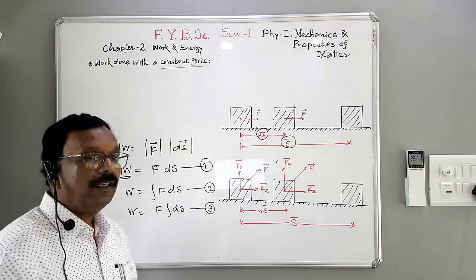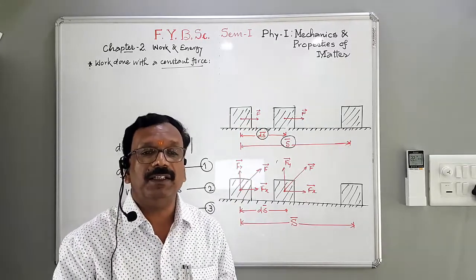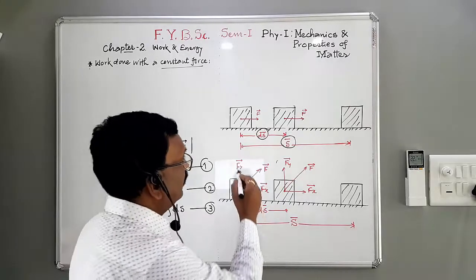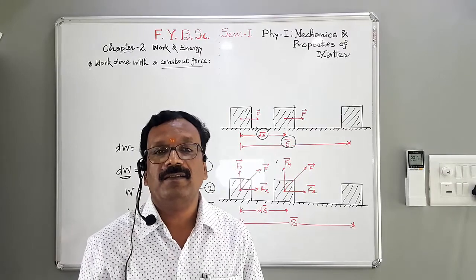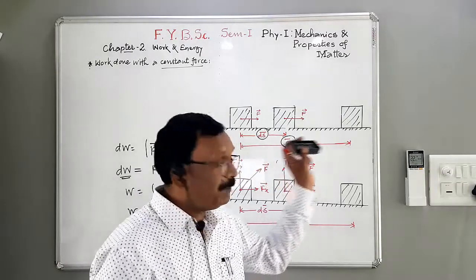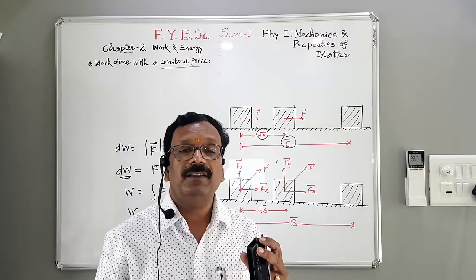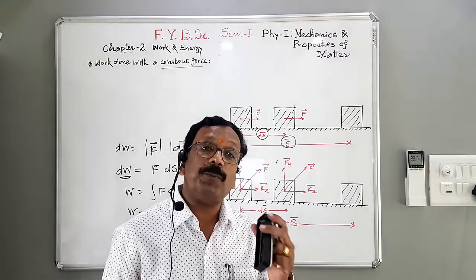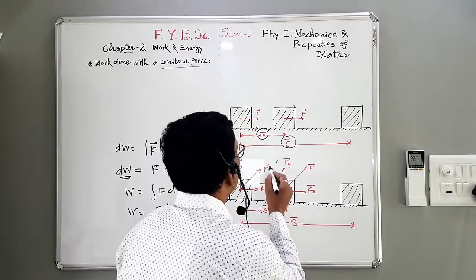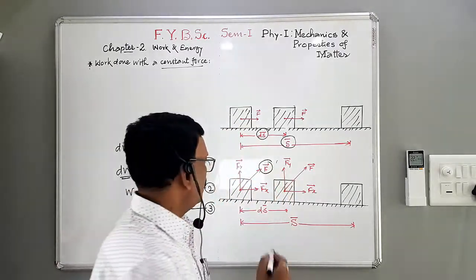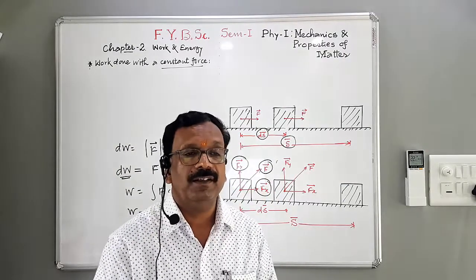Now if this constant force acting on the body is along a direction making an angle theta with the direction of displacement, then the work done by a constant force is obtained by resolving the force F into two rectangular components, one of them Fx and the other Fy.